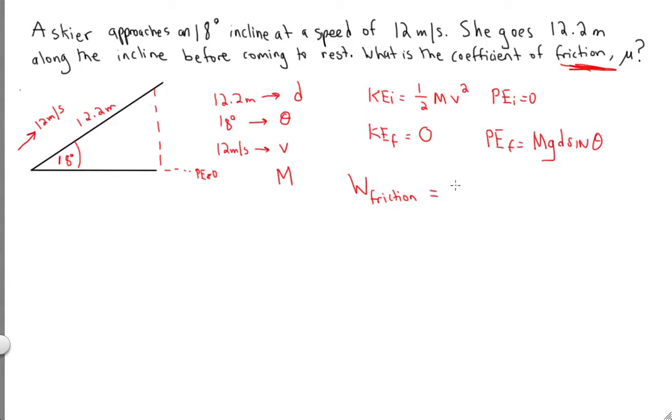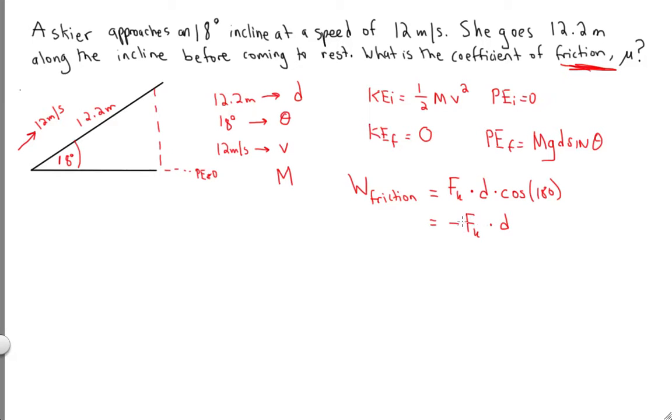We know that's going to be equal to the force of friction multiplied by the distance multiplied by the cosine of 180 degrees. That's because the friction force goes opposite the direction of motion. This cosine 180 will give us a factor of -1. That's why the work done by friction is negative. So I can rewrite that as negative force due to friction times the distance d.